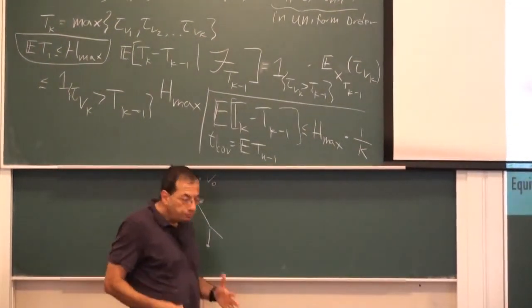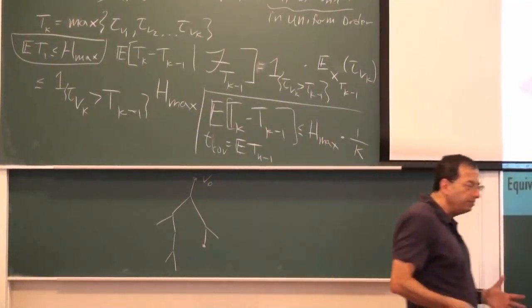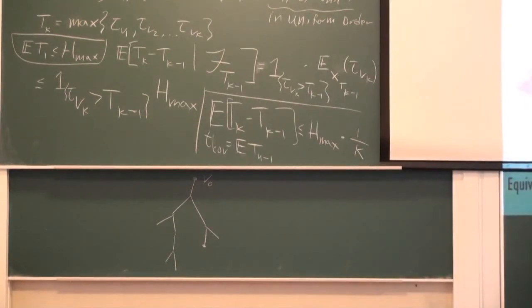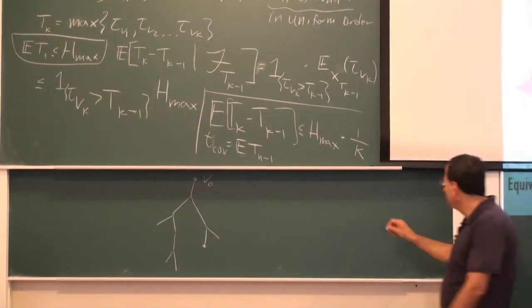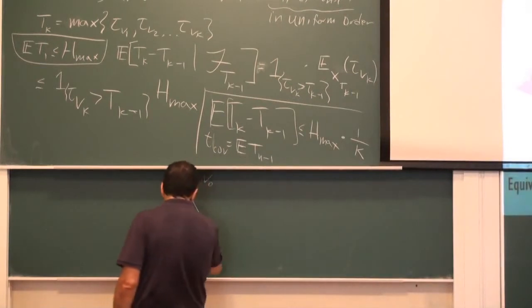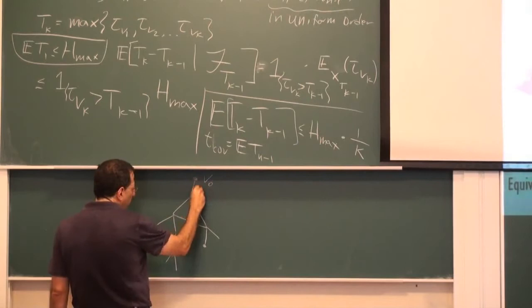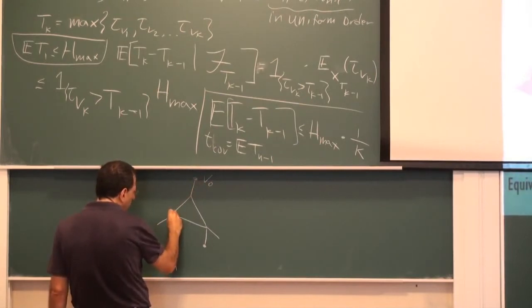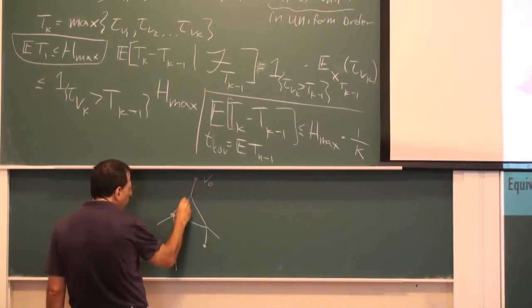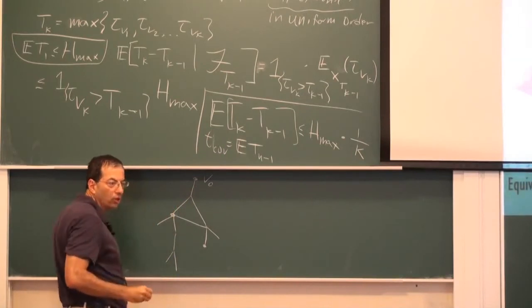Now, if you want to repeat the same definition on a general graph, it's also tempting to do that. So suppose we have some cycles. We want to define the field to be 0 at V0, and for every point here, say this point, to just add the Gaussian variables along a path from V0. What's the trouble?